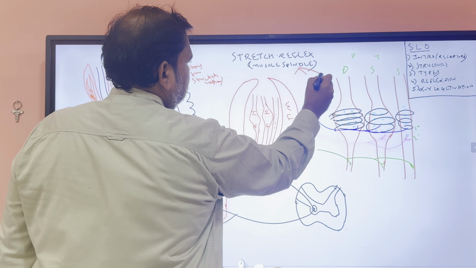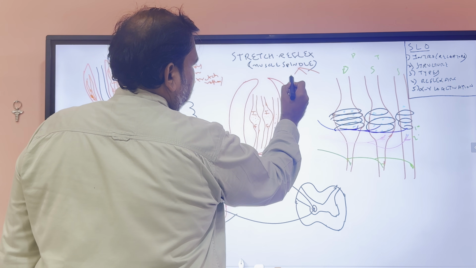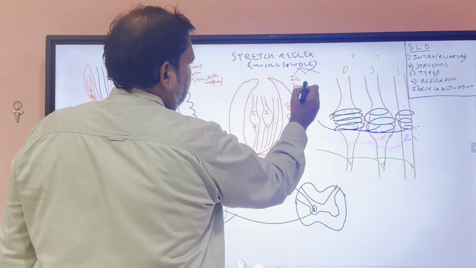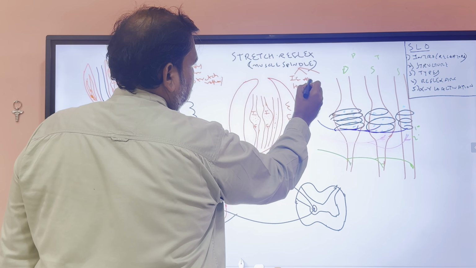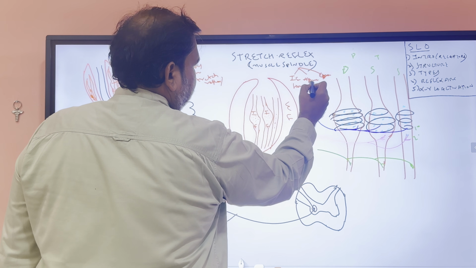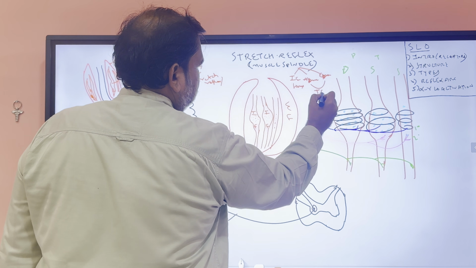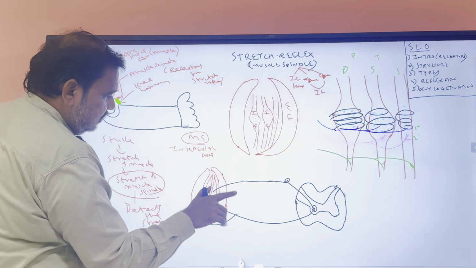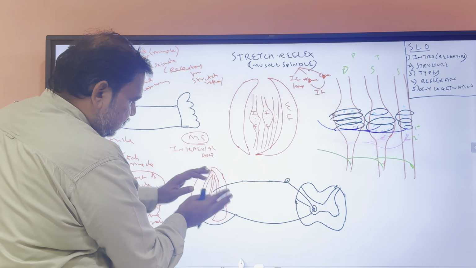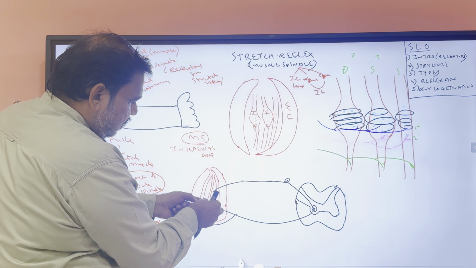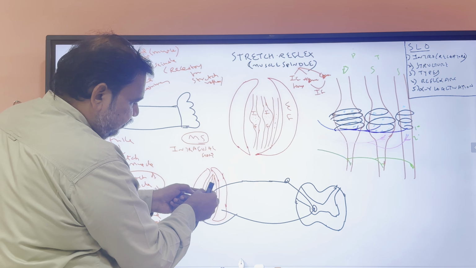Now I will tell the components of the muscle spindle. It is nothing but intrafusal fibers and afferents coming from the intrafusal fibers, which I will explain. Just concentrate here. For example, this is the muscle structure. The extrafusal fiber is present outside. Within the extrafusal fiber is the intrafusal fiber.